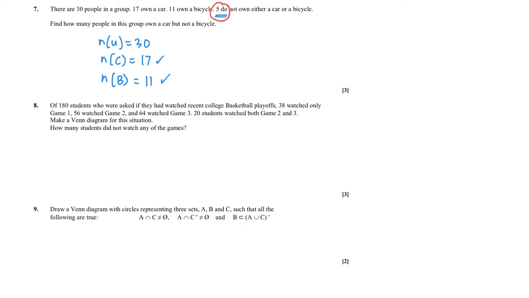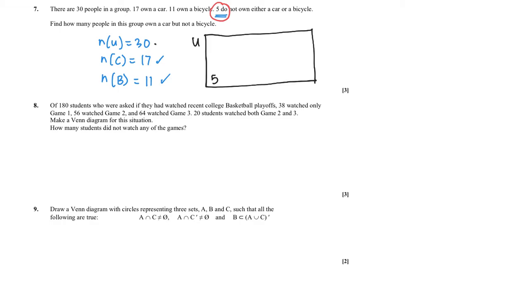Let me draw a Venn diagram here, a rectangle, and then U out here, and then 5 will be outside the circles.